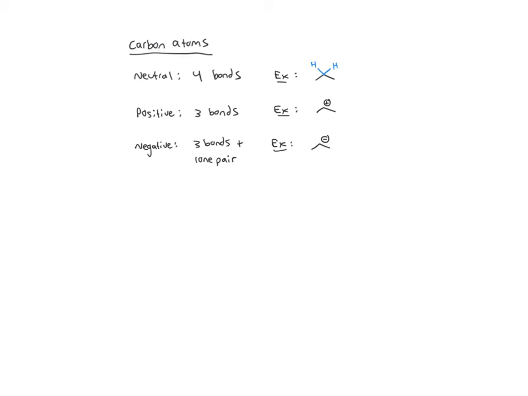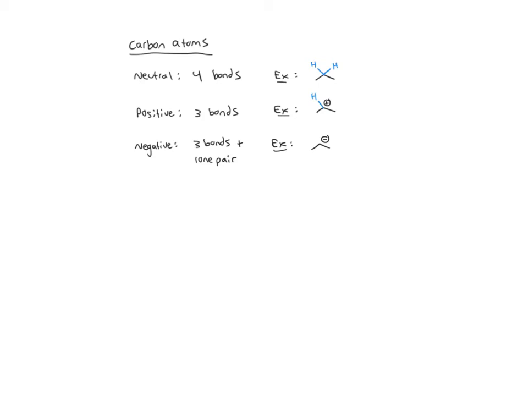That means we still have to draw a bond to a hydrogen, because positively charged carbons have only 3 bonds. We see that we have 2 bonds already shown, here and here. So that middle carbon has 2 bonds shown, but we also need to draw in a third bond. That means that carbon has 1 bond to H.